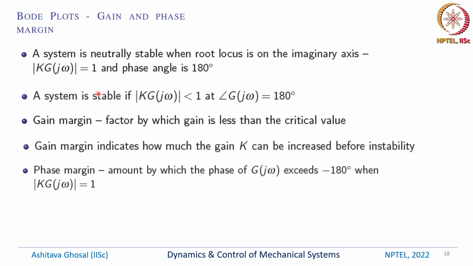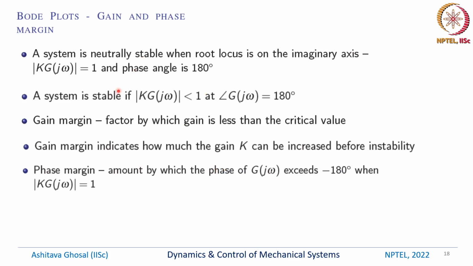Remember, when it is neutrally stable, the magnitude is 1 and the phase angle is 180 degrees. If it is stable, the magnitude is less than 1 at 180 degrees. And if it is unstable, then this magnitude will be greater than 1.